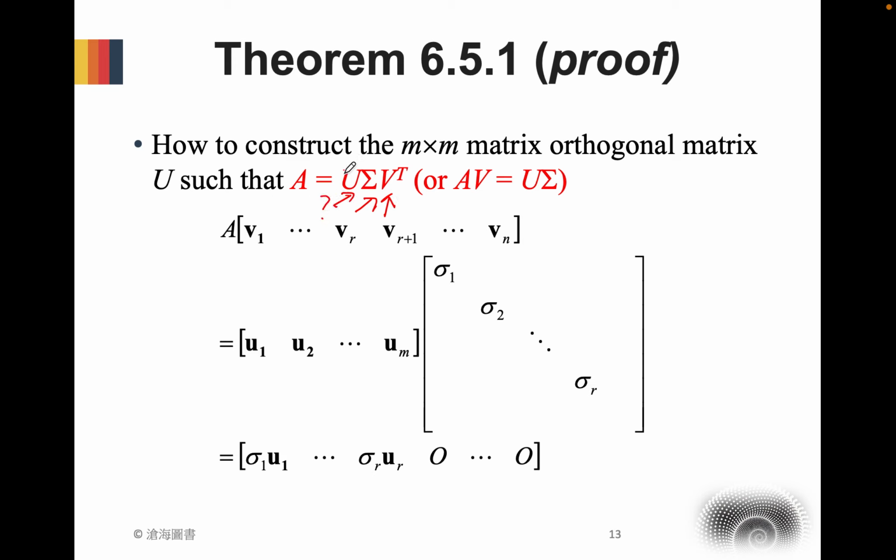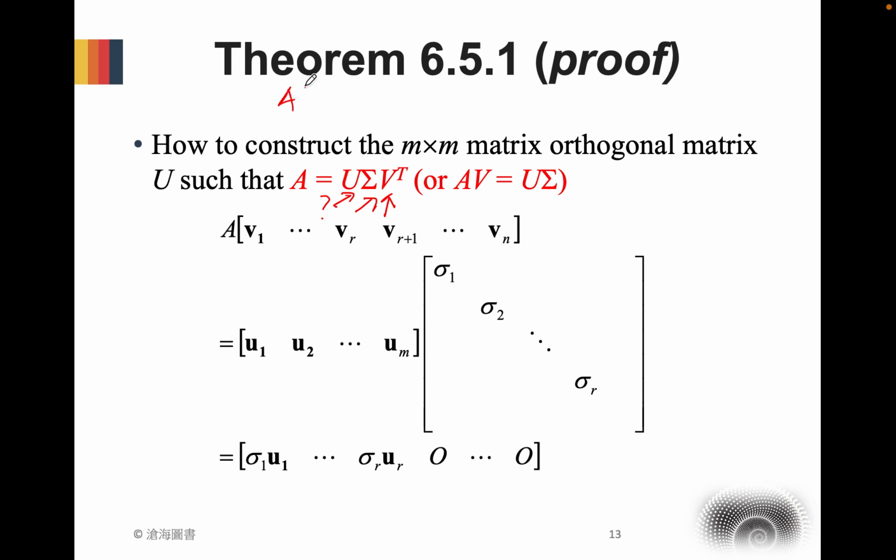Because A is equal to U sigma V transpose, therefore A V is equal to U sigma, because we can post-multiply V on both sides.